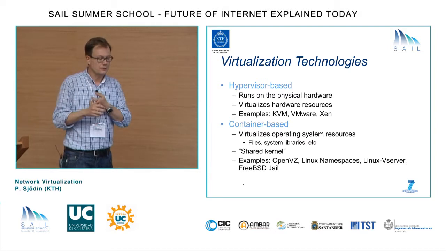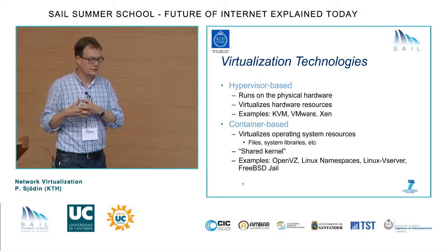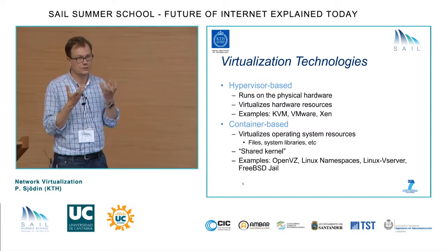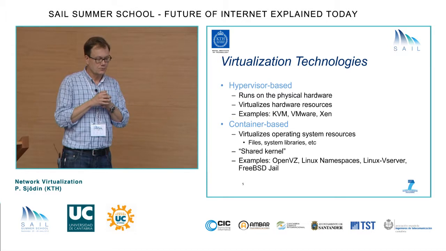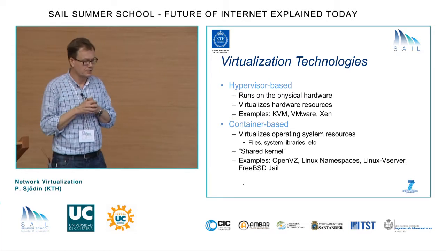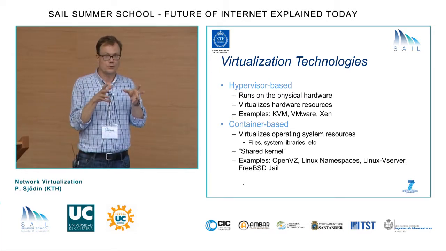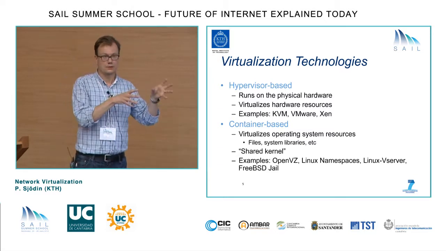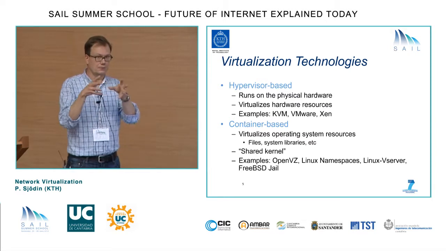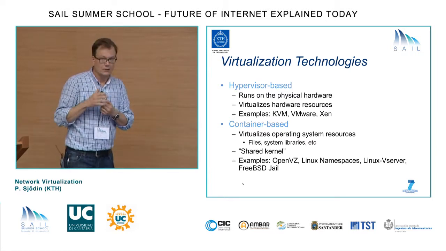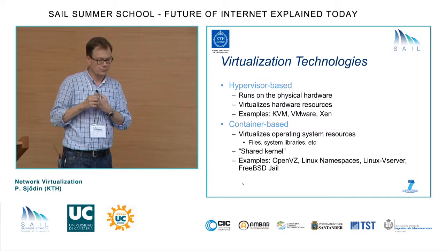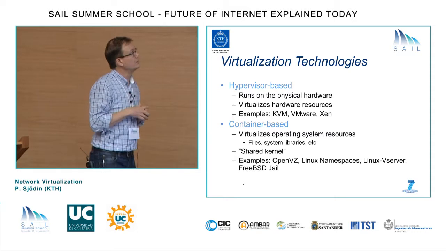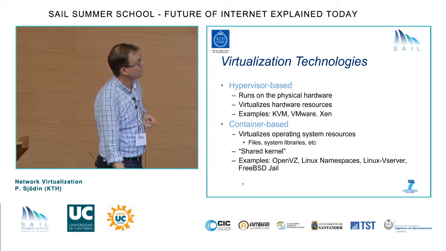So this is also something called a shared kernel, which means that all the guests, all the virtual machines, will be running on the same operating system kernel. So if you have installed Linux of a particular version, that is what all the guests will be using. You can't have one guest using one version of Linux and another guest using another version, or another guest using Windows or so on. They will all be sharing the same operating system kernel. And there are some other examples of container-based virtualization.